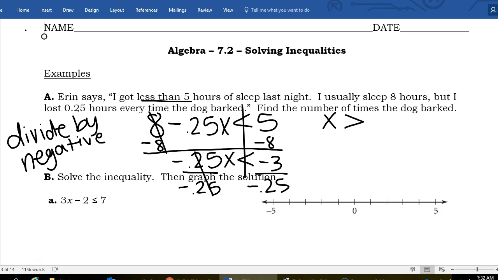It was a less than, now it's a greater than. Sign flips. So when I do negative 3 divided by negative 0.25, I get a positive 12. Interpreting this answer in our context, the dog barked more than, greater than, 12 times.